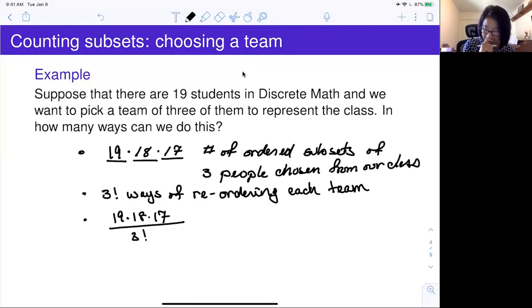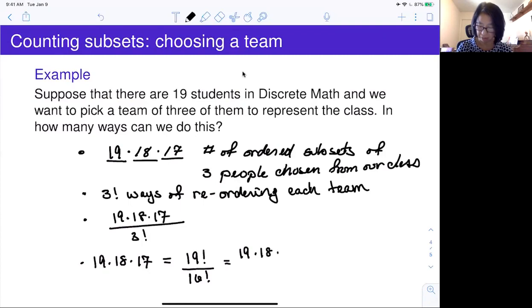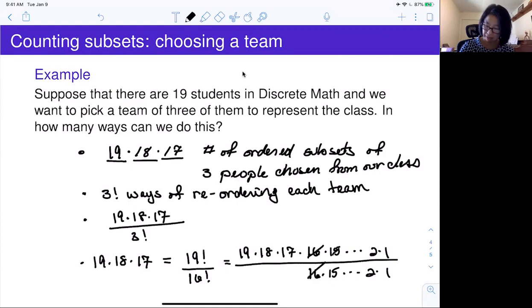What you can notice that's kind of cool is that 19 times 18 times 17 is equal to 19 factorial divided by 16 factorial, because if I wrote them out, I'd have something like this, ... times 2 times 1 in the numerator, and then 16, 15, ... times 2 times 1 in the denominator, and all of these would cancel out.